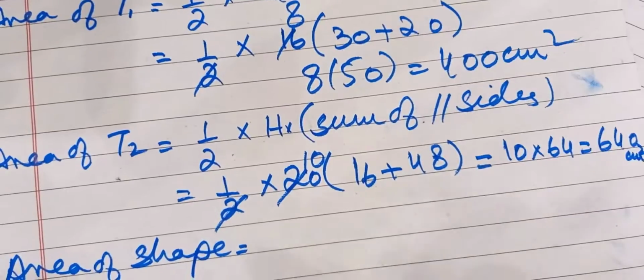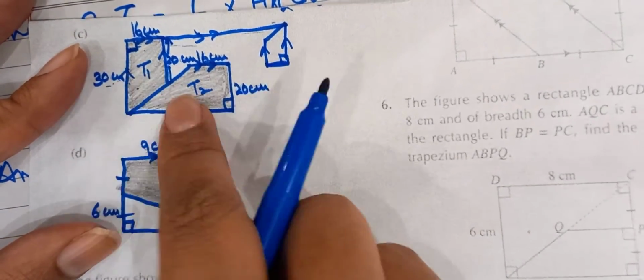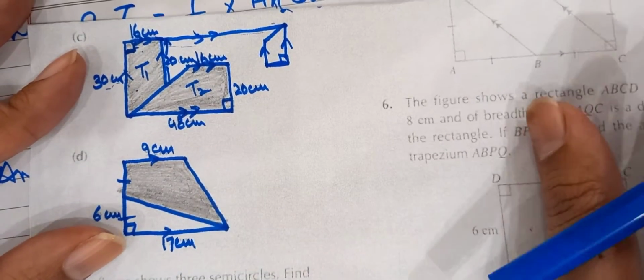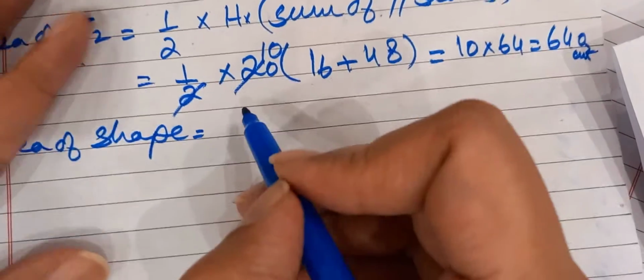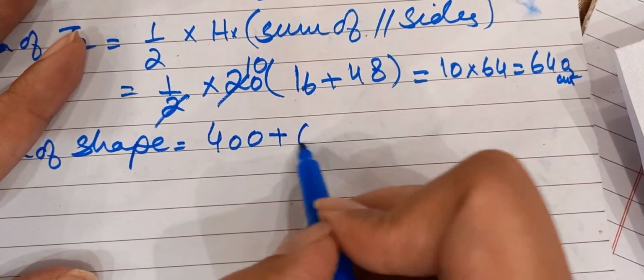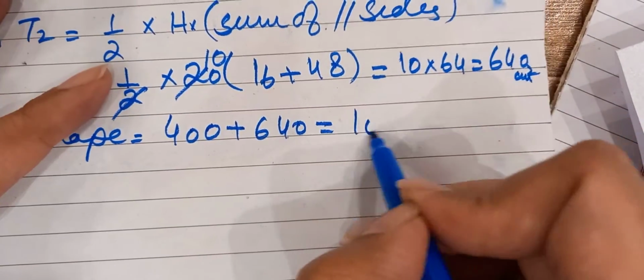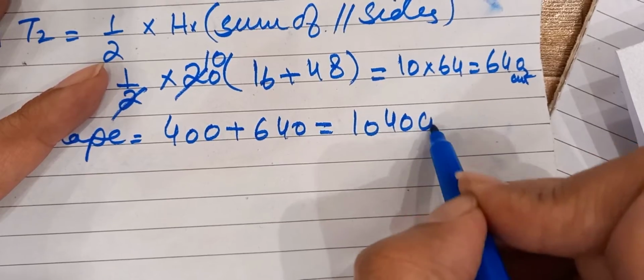Now as both these shapes are shaded, if I add them together, I'll get my required answer. So the area of the shape is 400 plus 640, which is 1040 centimeters square.